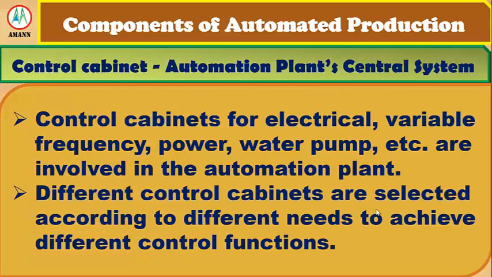Control cabinets for electrical variable frequency, power, water pump, etc. are involved in the automation plant. Different control cabinets are selected according to different needs to achieve different control functions.